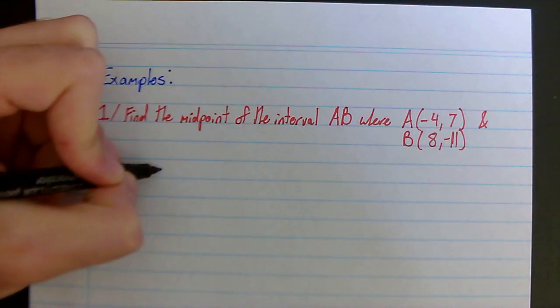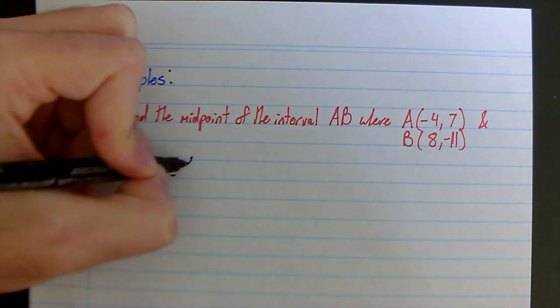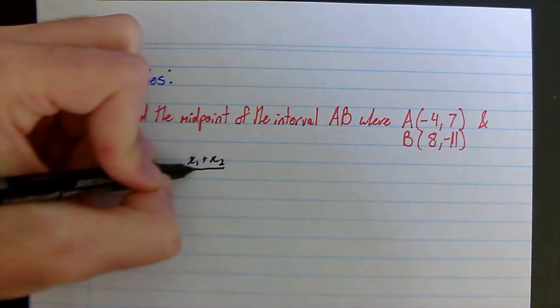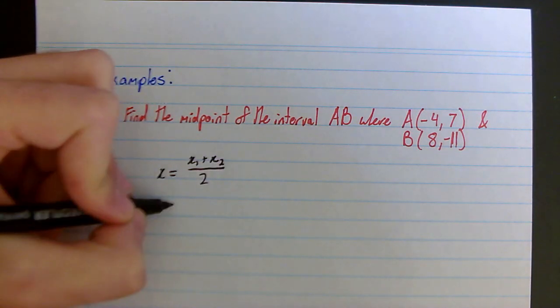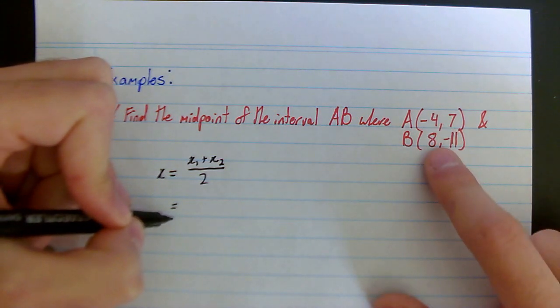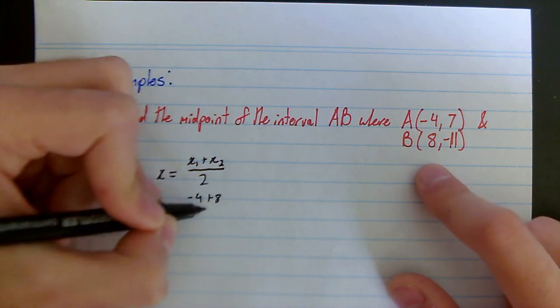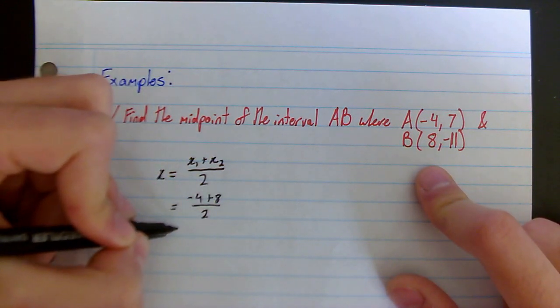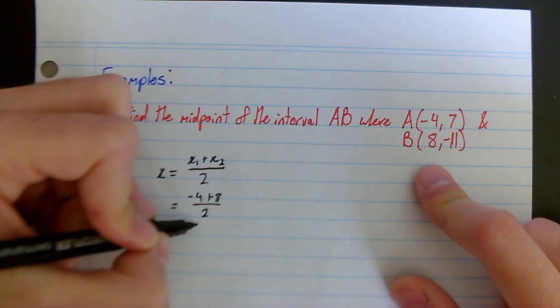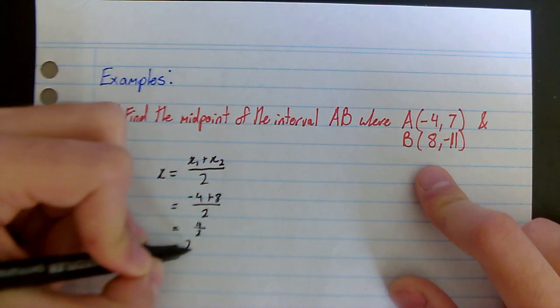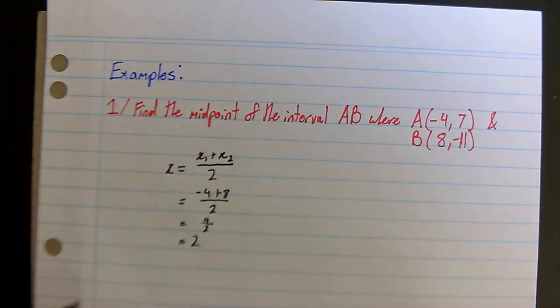So the x coordinate of the midpoint is equal to, remember, x1 plus x2 over 2, which is going to be equal to -4 plus 8 all over 2, which is 4 over 2, which is 2. So the x coordinate of the midpoint is 2.